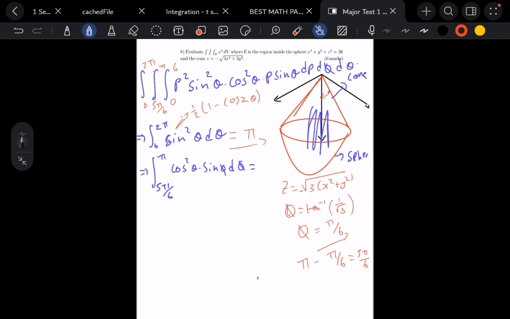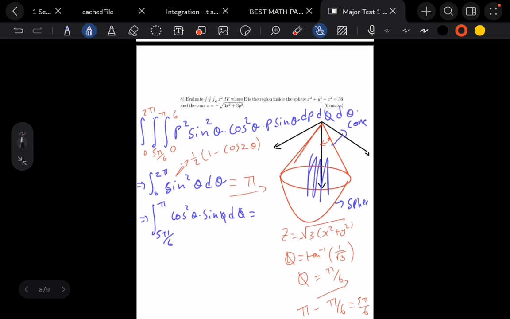If you let u be cos phi, you can calculate this thing. Because we will have a u squared, so a negative u squared, by the way. So what is cos of 5 pi over 6? I get negative root 3 over 2.